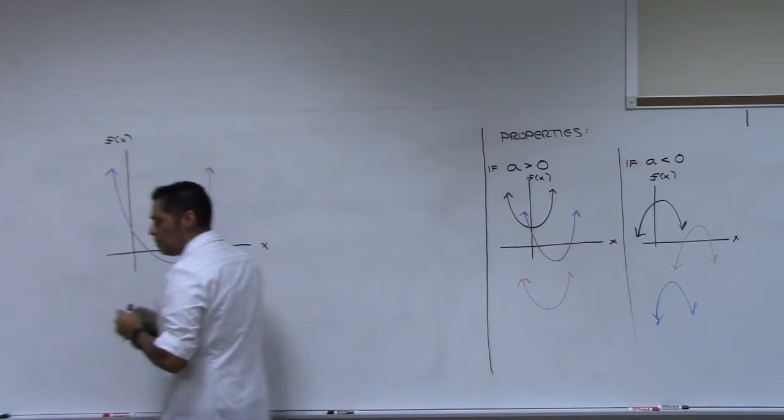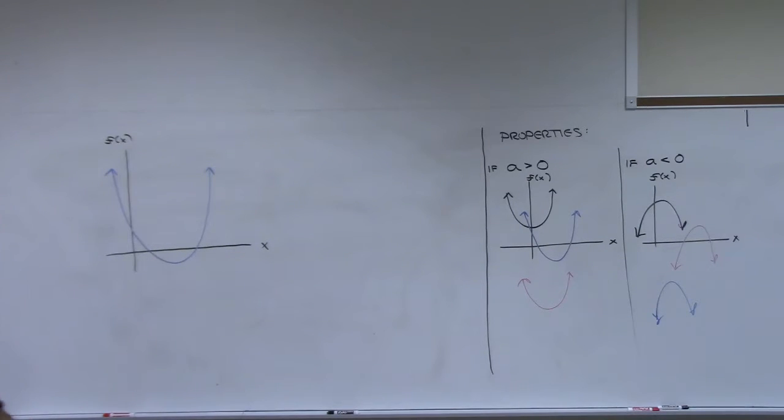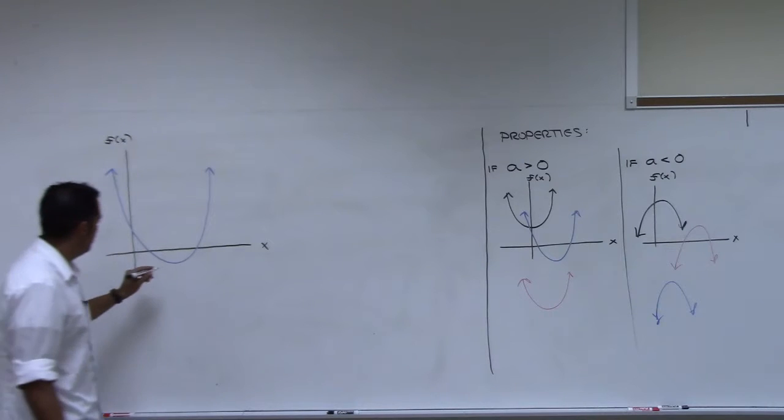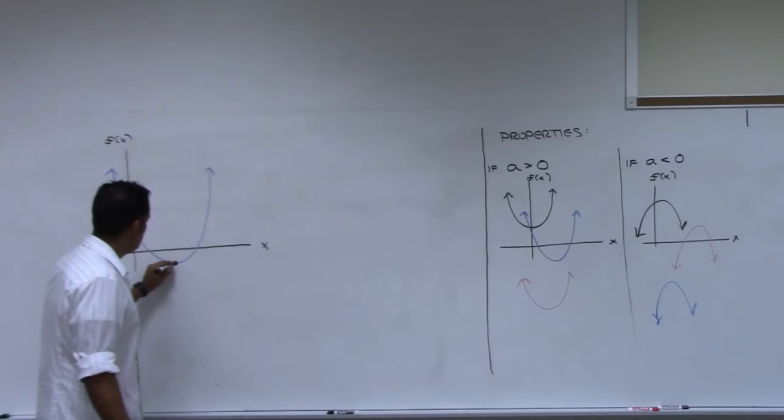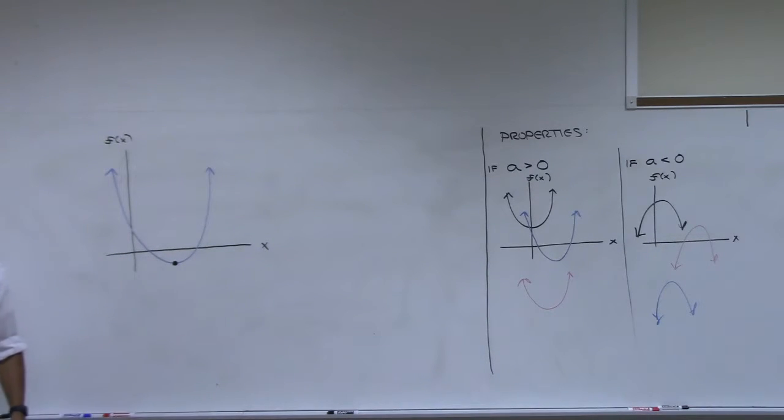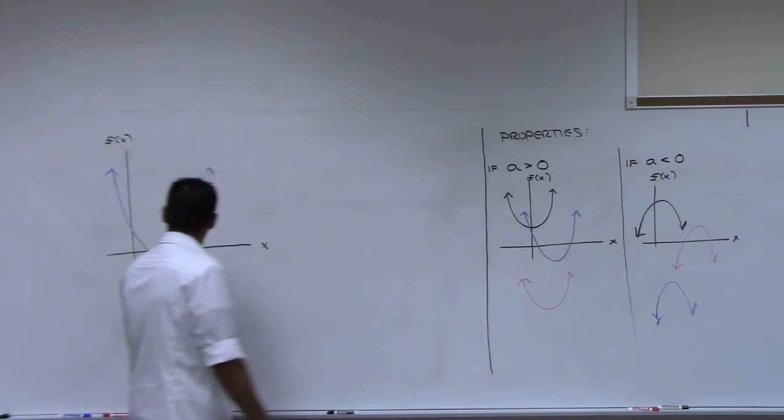Okay, this parabola opens up, right? So A is positive for sure. The point that we might be interested in here would be this point, which is the lowest point on the graph, right? This is the minimum on this graph, not the max, the min. This is called the vertex.